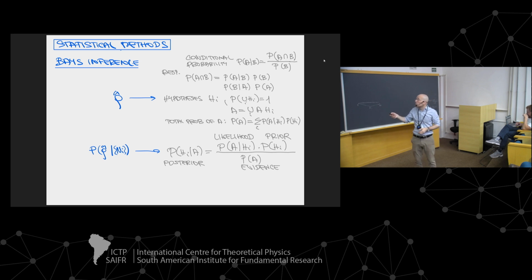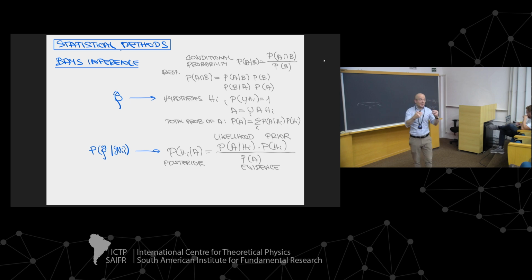And this posterior probability is more or less a product of likelihood and prior probability. Likelihood is again a conditional probability, the probability of the event A occurring under the condition that the hypothesis H_i was there. And prior is just prior, the probability of having these hypotheses before the measurement.